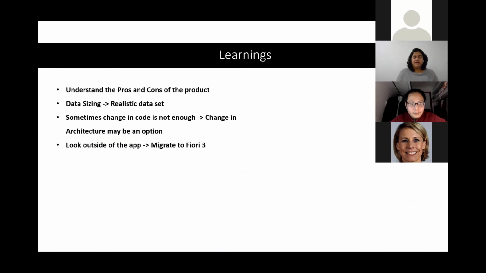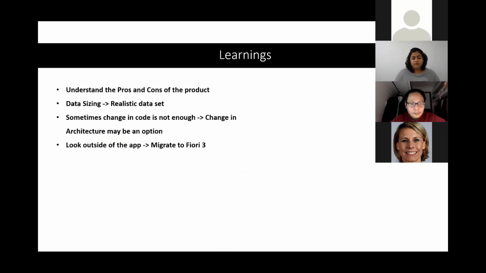Now, what were the learnings? What did we learn? We had to understand the pros and cons of the product. For example, in the case of workflow, we realized it's not going to work. Even so, while choosing the product, we had to understand the limitations. The second thing was data sizing.